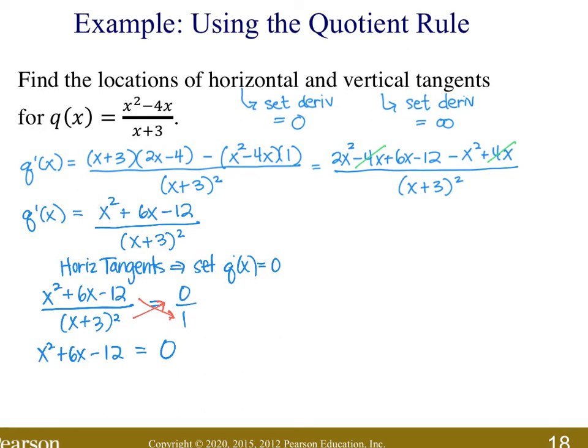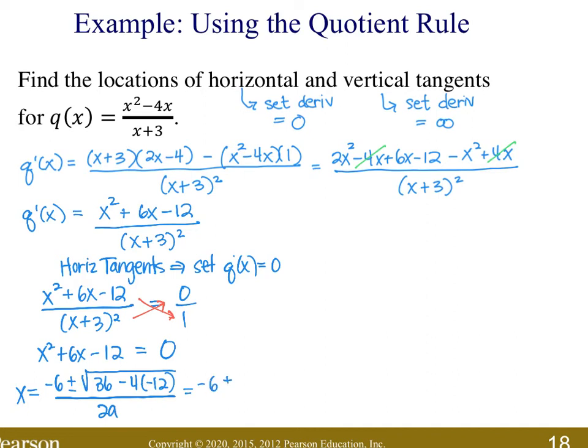If you can factor it, great. If you can't factor it, you'll need to use the quadratic formula. For 12, we've got 1 and 12, 6 and 2, 3 and 4. None of that works, so we're going to need the quadratic formula. So x is negative 6 plus or minus the square root of 36 minus 4 times a times c, so negative 12, all over 2a.